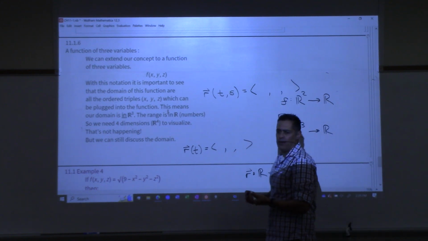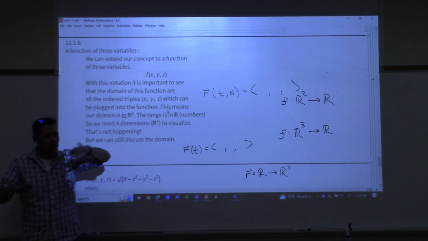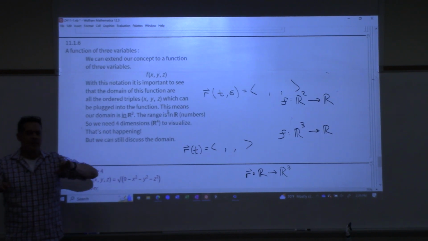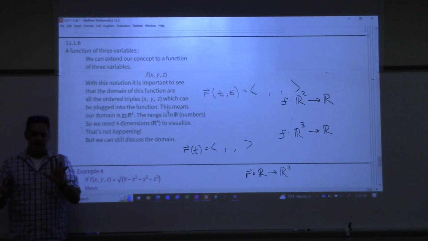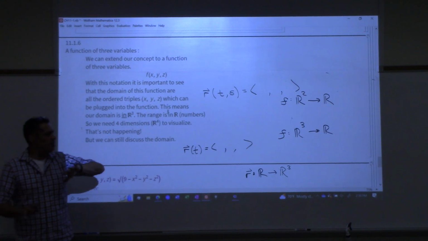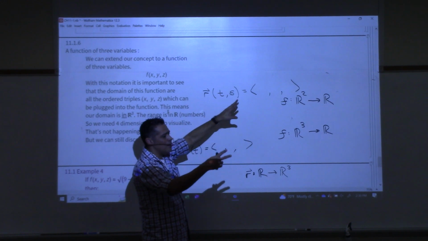So you have two inputs and one output. Do you remember a few sections ago we worked on the equation of a plane? And I said this is the equation of the plane, but not the vector equation of a plane. Remember me saying that? If you want to draw a plane with a vector equation, you have to be able to have two inputs, t and s, and then you can draw the vector function.